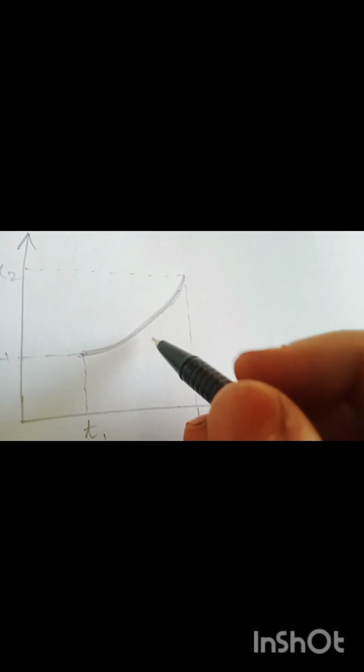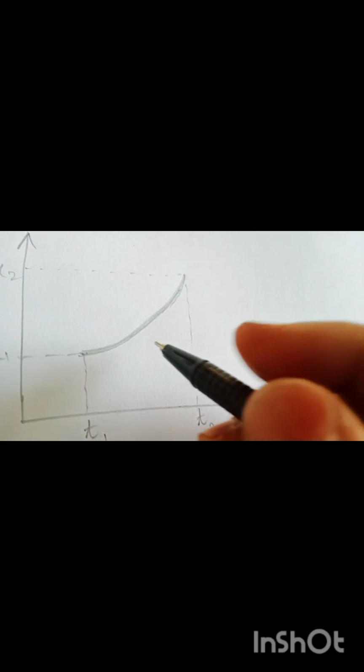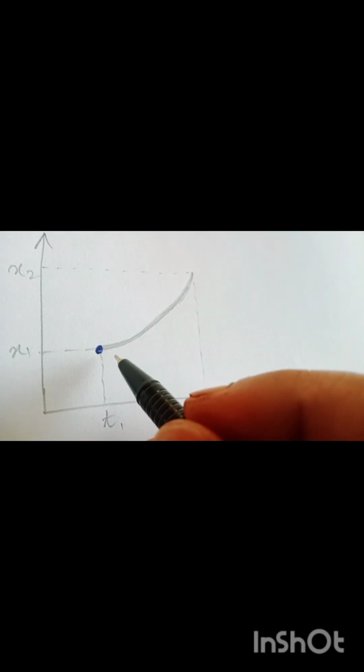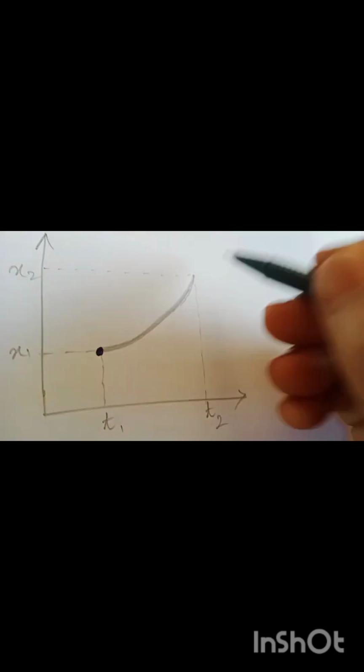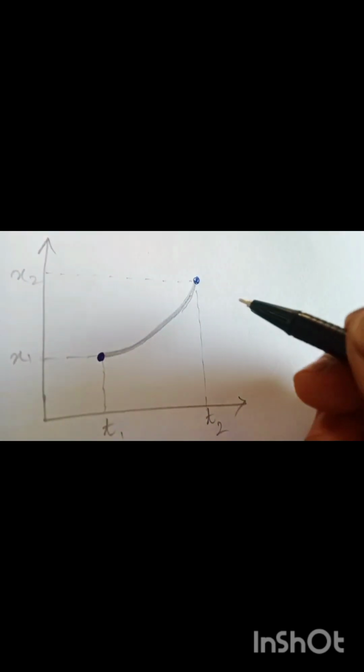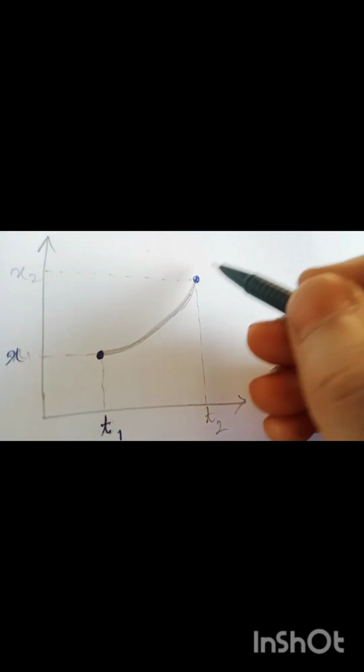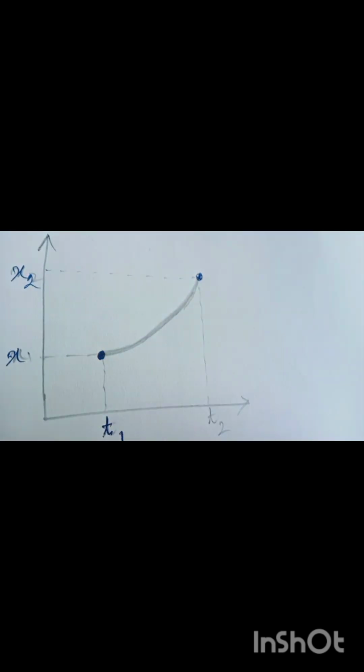So we can express velocity in graphical representation also. This is the initial position of the object x1, and this is the final position of the object, or we can say at time t1 the position of the object is x1, and at time t2 the position of the object is x2.